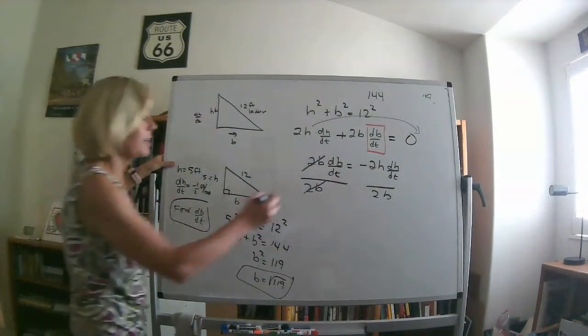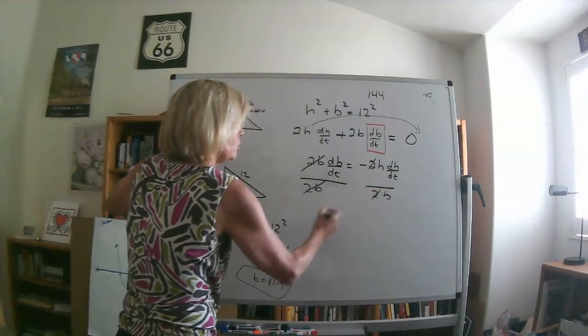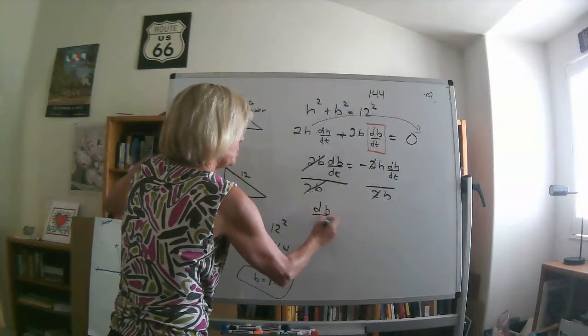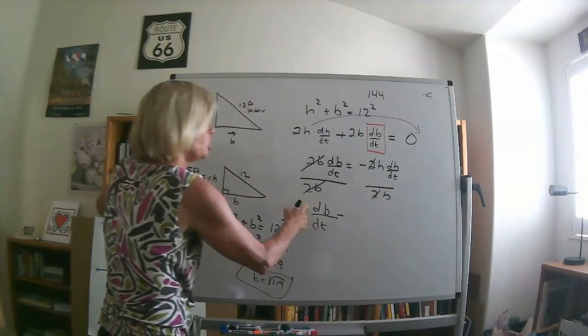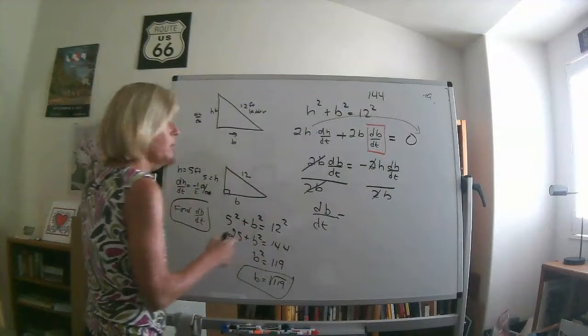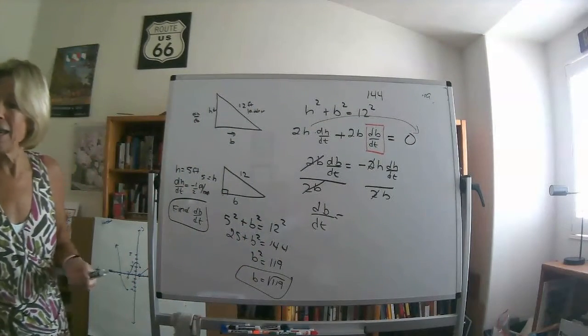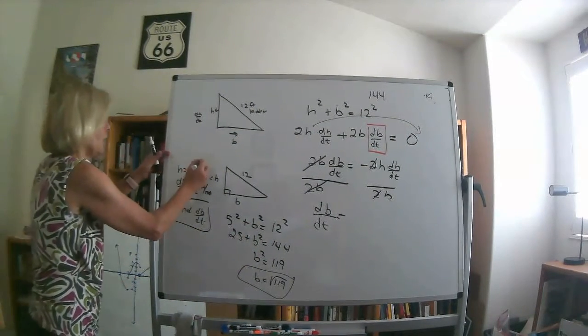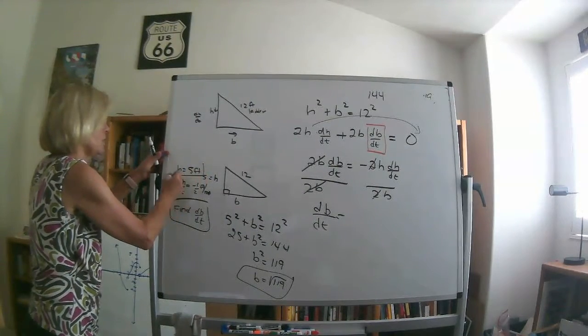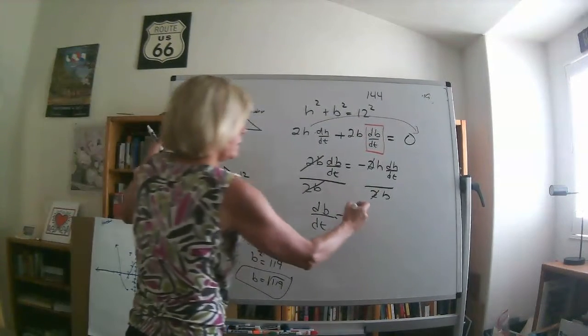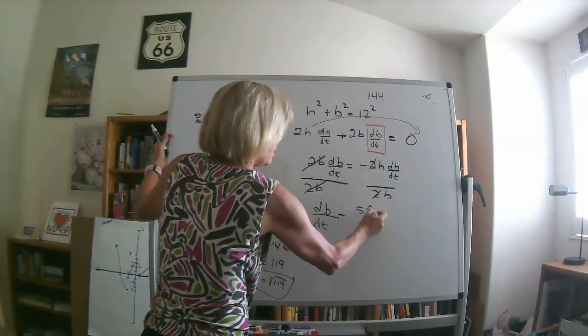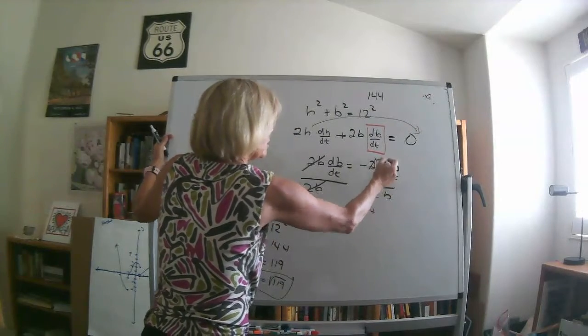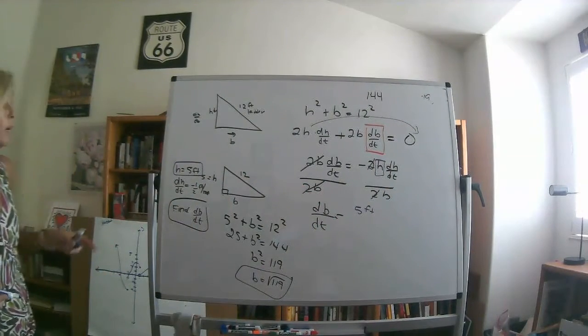I see that I can cancel the 2's, so dB/dt, change in base with respect to change in time. Now I'm going to start substituting in. I see my h was 5 feet, so I substituted in the 5 feet for the h.